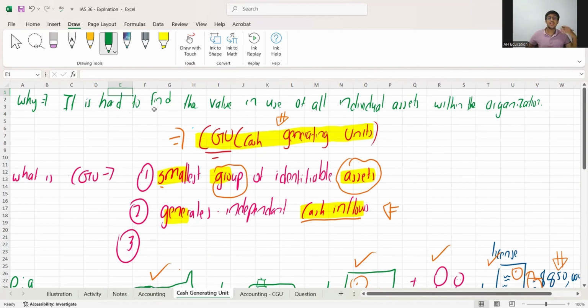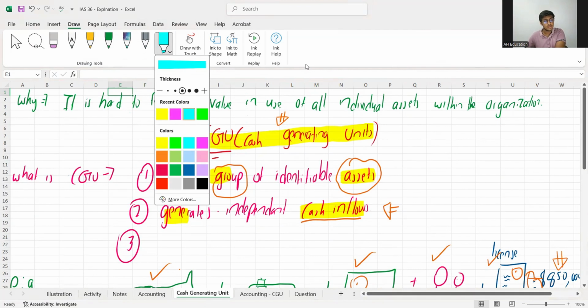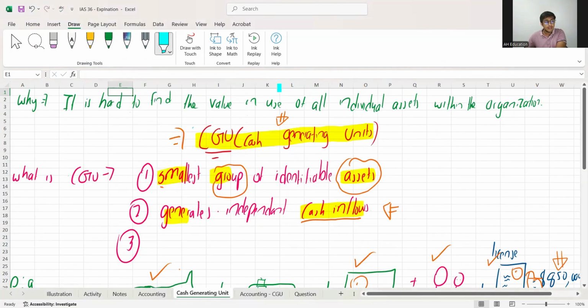And you may ask me why a CGU was formed. Well, in simple terms, as I told you, to find out your recoverable value, we use a term called value in use. Now, it's very hard to find value in use for individual assets. Take a large-scale business, they have so many multiple assets.